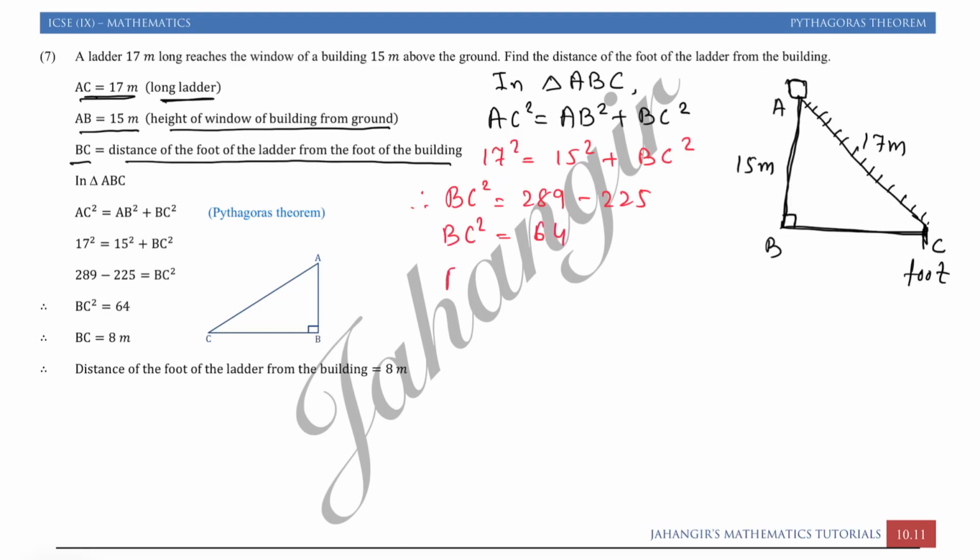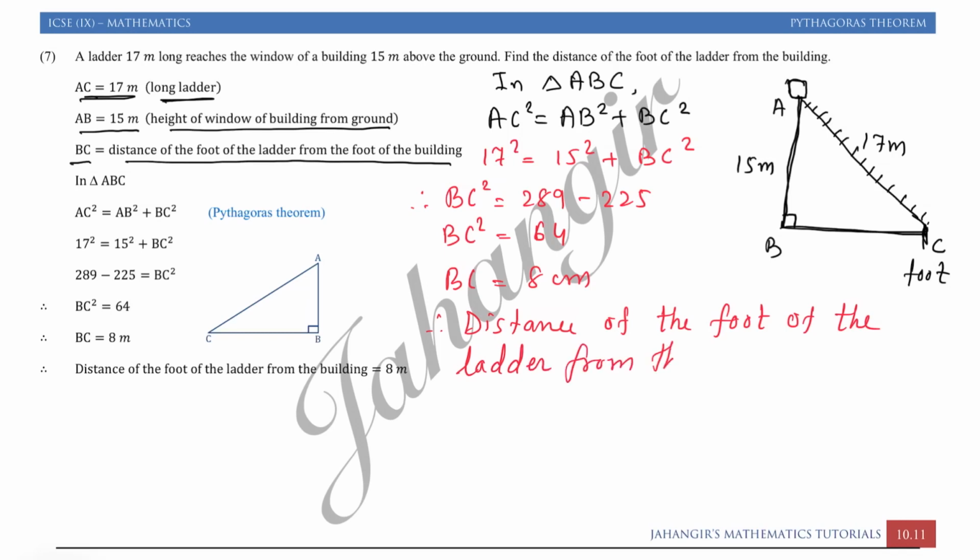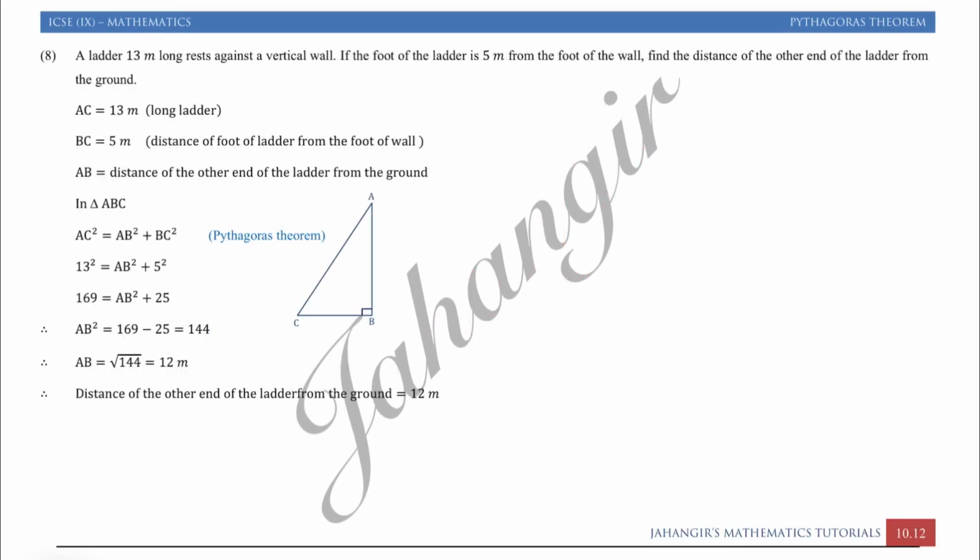Just subtract. BC is equal to 8 meter, taking square root on both sides. So therefore I can say distance of the foot of the ladder from the building is 8 meter.